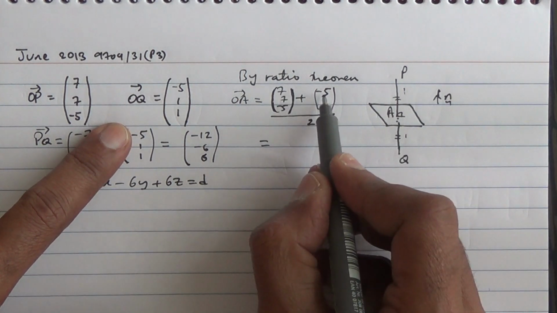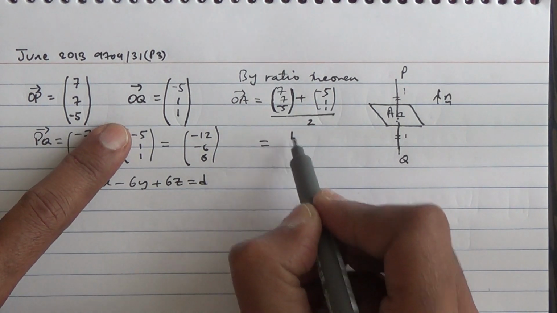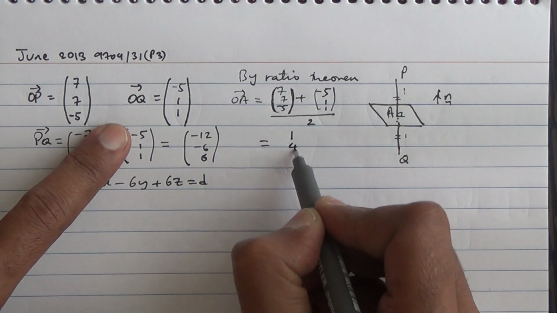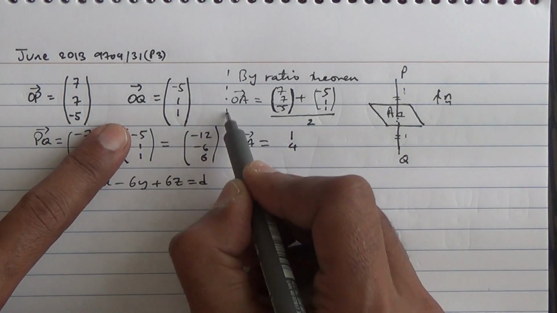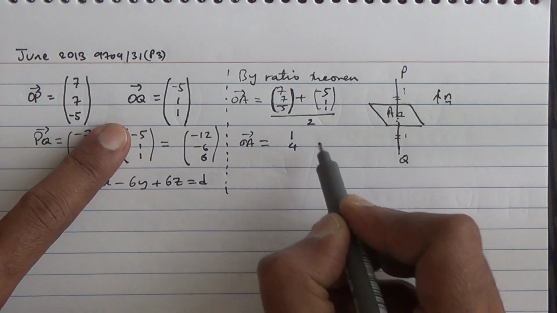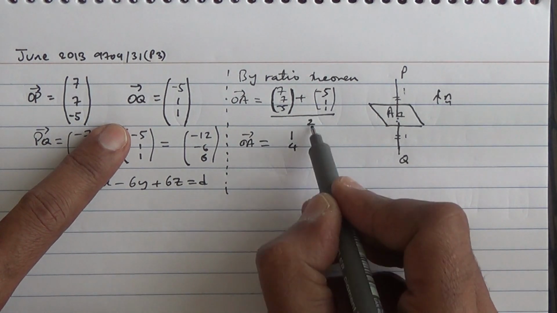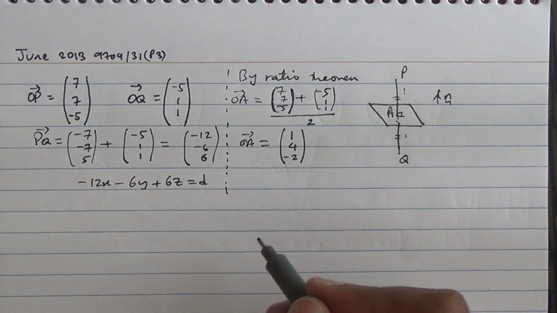So 7 plus minus 5 is 2, divided by 2 is 1. 7 plus 1 is 8, divided by 2 is 4. Remember, we're trying to find the vector OA. And then minus 5 plus 1 is minus 4, divided by 2 is minus 2. So now that's the vector OA.